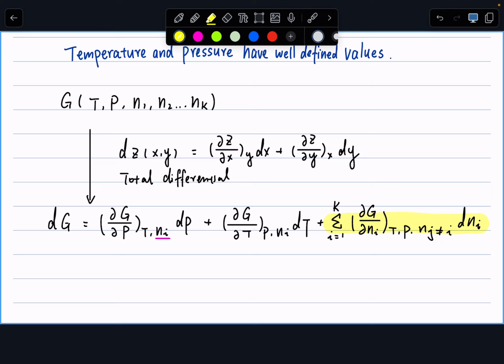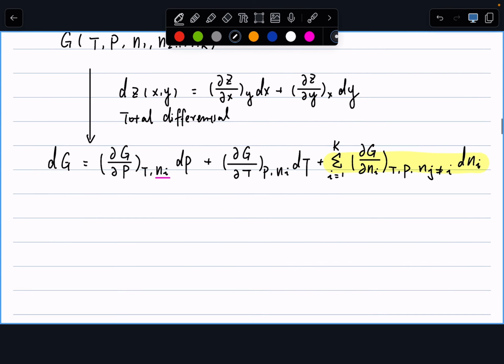All right, so what are these partial derivatives? The first thing we can use is to look at the first two terms. In these first two terms, my Ni, the amounts of all substances, are always kept constant.